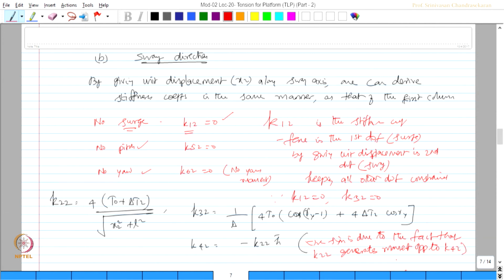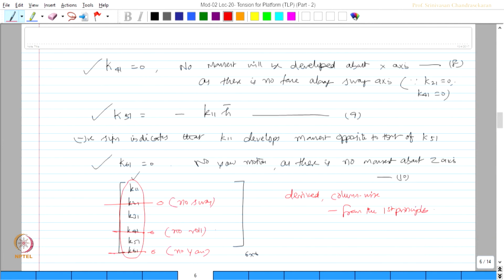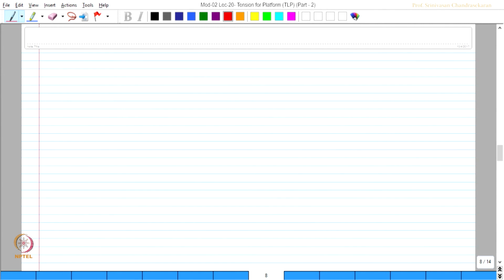Okay. Now, I have got the second column, you know K12, K22, K32, K42, K52 and K62. I already have K11, K21, K31, K41, K51 and K61.